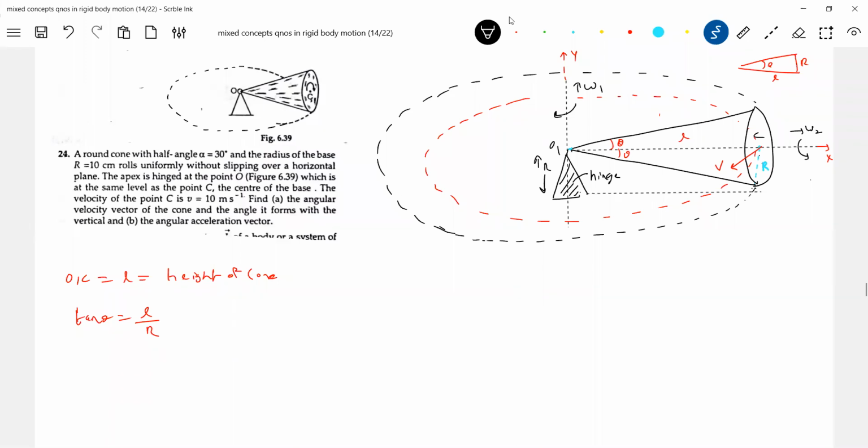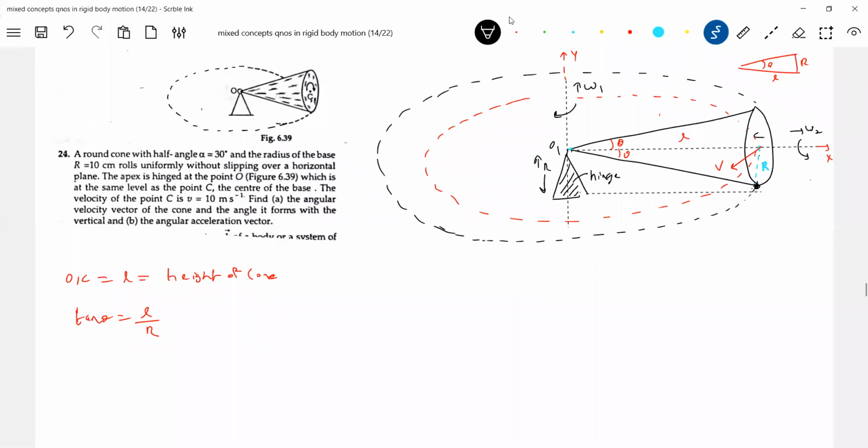It says rolling without slipping on a horizontal plane. Where is the horizontal plane? I'm not showing the horizontal plane. Yes, this is the horizontal plane. I can't show more than this, as it is a three-dimensional diagram. This particular edge is now in contact with the horizontal plane. No slipping occurs, which means V equals R omega 2.